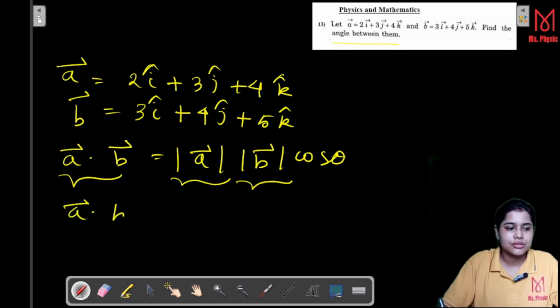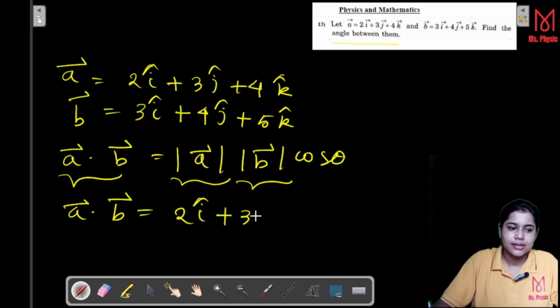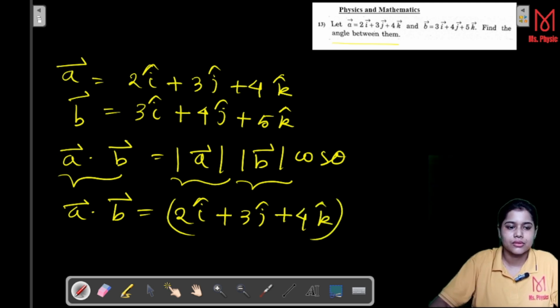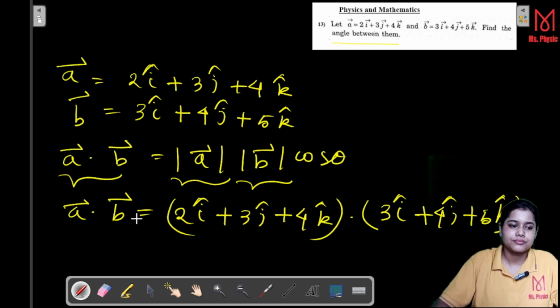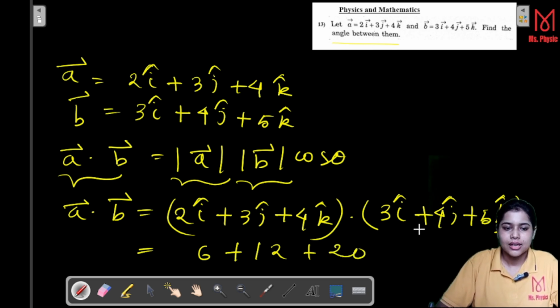First, A dot B is equal to 2i cap plus 3j cap plus 4k cap dot 3i cap plus 4j cap plus 5k cap, which is 6 plus 12 plus 20. If you do the calculation, you are getting 38.